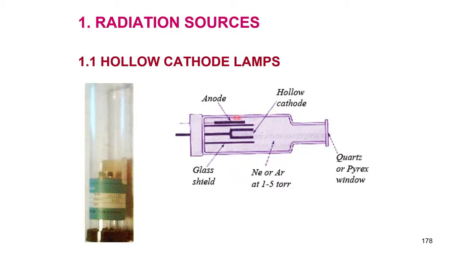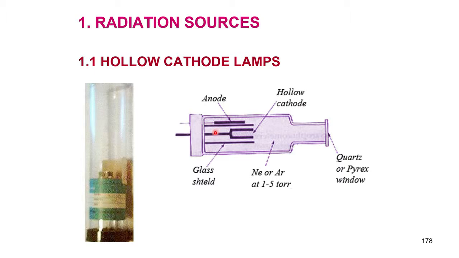A hollow cathode lamp consists of a glass cylinder filled with an inert gas. So, go back to this figure. This is a hollow cathode lamp. This is the cylinder, hollow cathode cylinder.